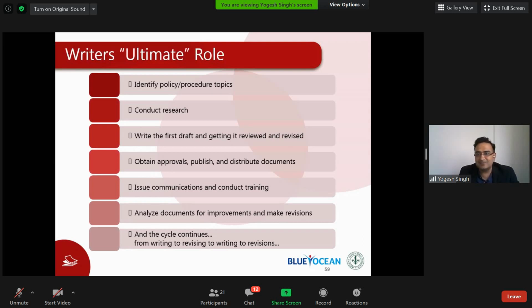So I said, but aren't we writing for them only? Then he said, no, no, no. Policies are not written for employees. Policies are written for the CEOs. We have to make the CEO happy, the managing director happy. That's our goal. Now, after 13, 14, 15 years, I would say do the opposite of what he was saying.